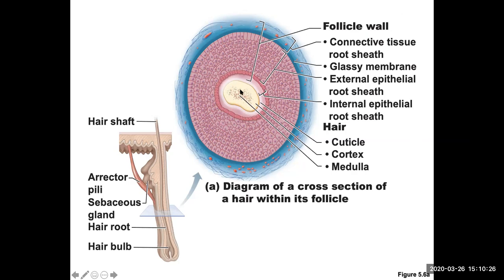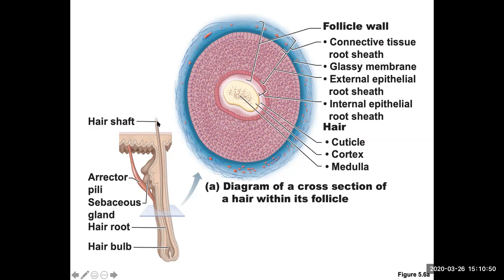It does consist of a cuticle on the outside, a cortex just deep to that, and the medulla in the middle. And then it's surrounded by the follicle, which includes a connective tissue sheath and several different membranes, which I'm not going to ask you to memorize.